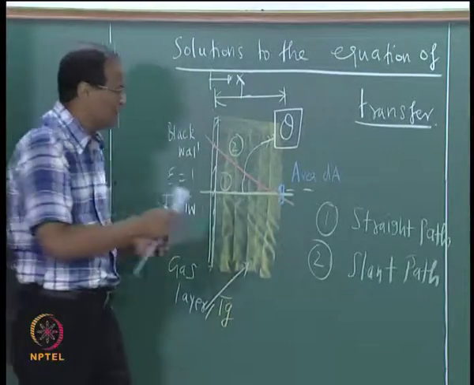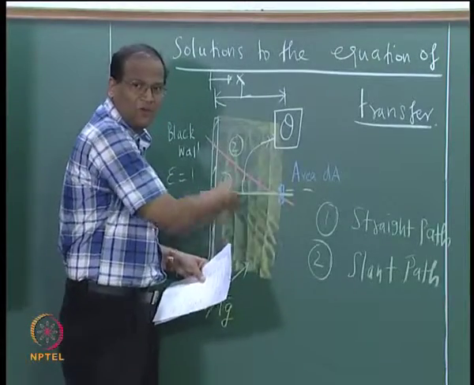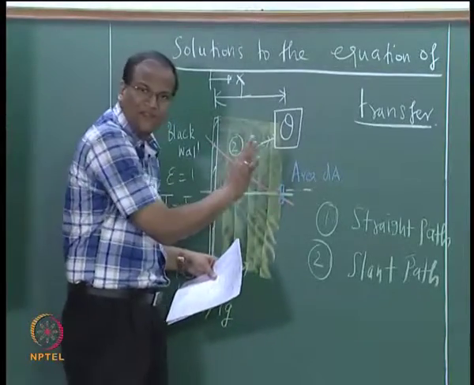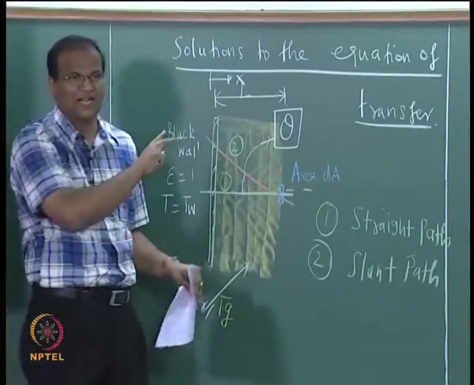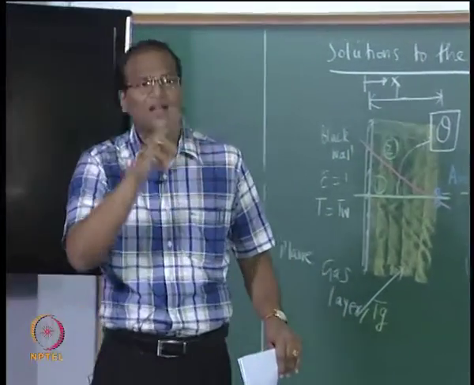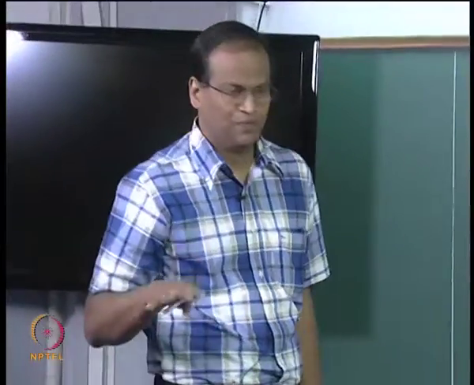Then there is also separately, there is a component because of the emission from the gas which is also arriving here, okay. There is a transmission by the gas, okay, and there is emission from the gas, alright.